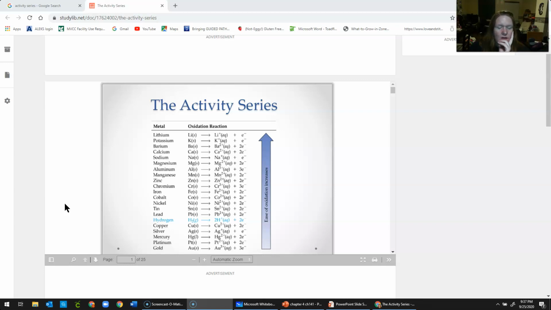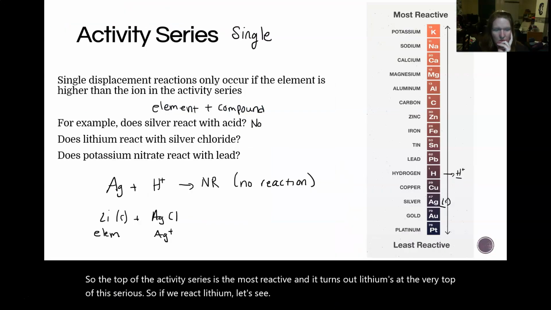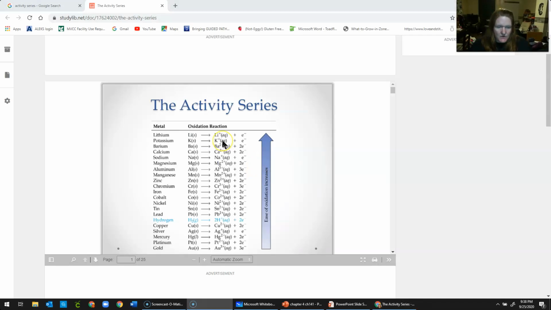So the top of the activity series is the most reactive, and it turns out lithium's at the very top of this series. So if we react lithium with silver ion, silver's definitely going to be below it. Silver is down here. So the ion is below the element.